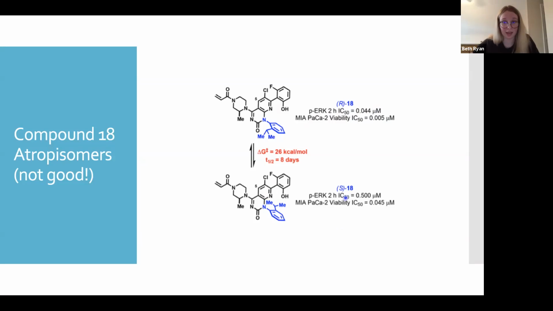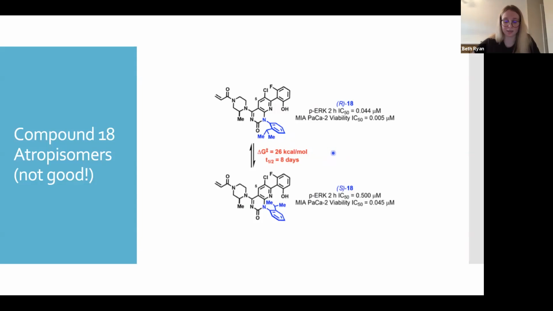If you look at S, the S conformation of 18, where that isopropyl group is going back further into the pocket, then the IC50 and the MIA PaCa-2 viability increase by a pretty large margin. So not only is it actively racemizing, this other conformation is not nearly as potent and is not nearly as helpful for being a drug.